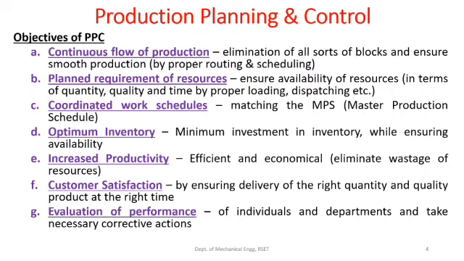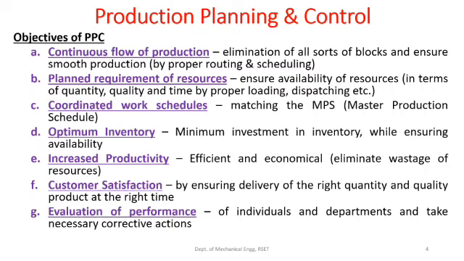Production planning and control also helps customer satisfaction by ensuring that the required products of the right quality and quantity are delivered to the customers at the right time. And finally, it also helps you to evaluate the performances of individuals and departments and make necessary corrective actions.